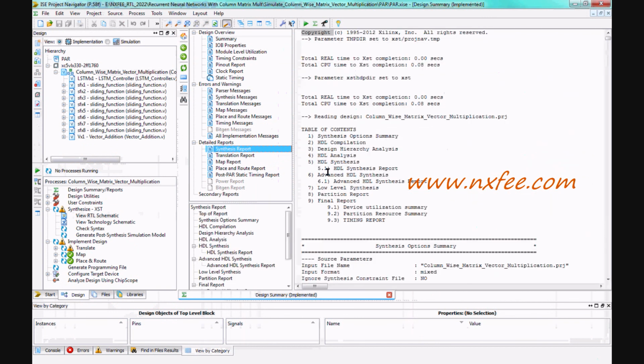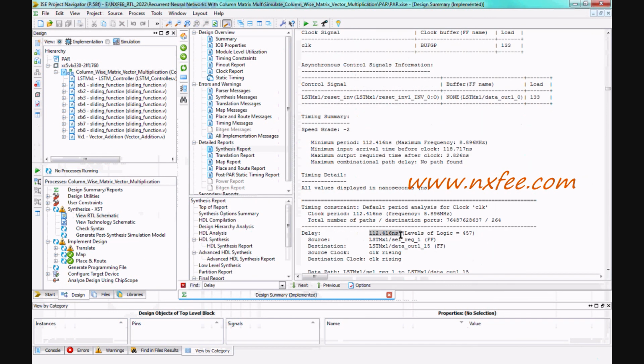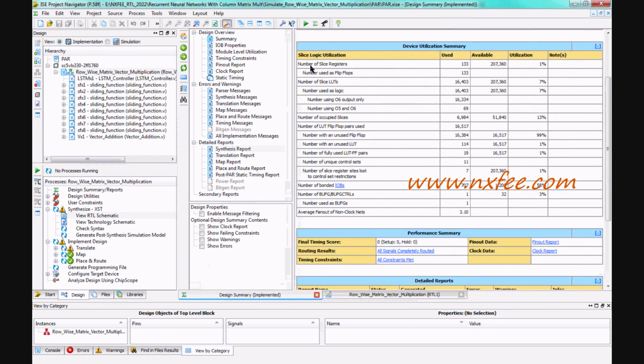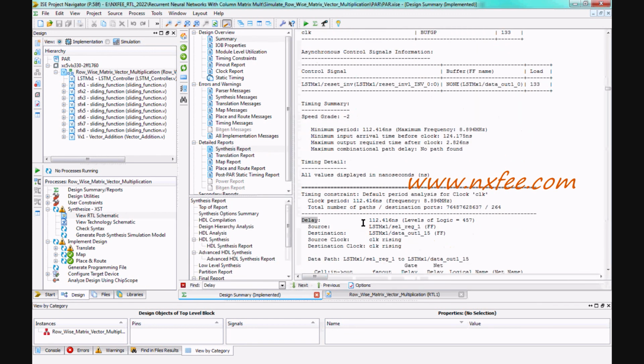You can check the delay value here: delay value equal to 112.416 nanoseconds. And for the row wise multiplication, these are the values: number of slice registers, number of LUTs, number of occupied slices, number of IO bonded. And the delay value is equal to 112.416 nanoseconds.